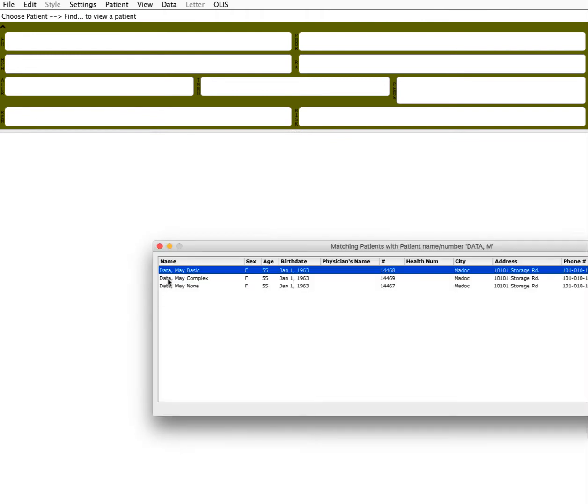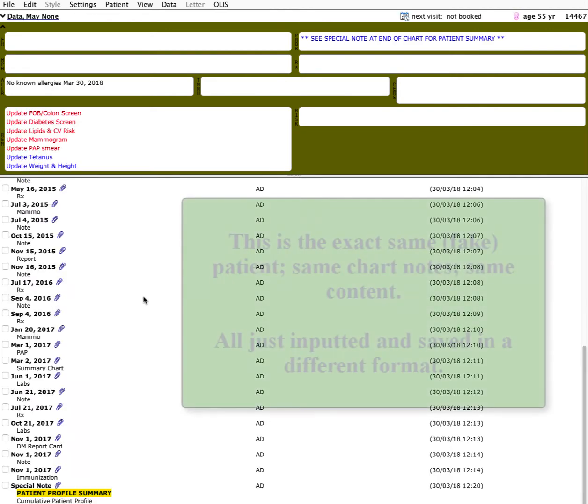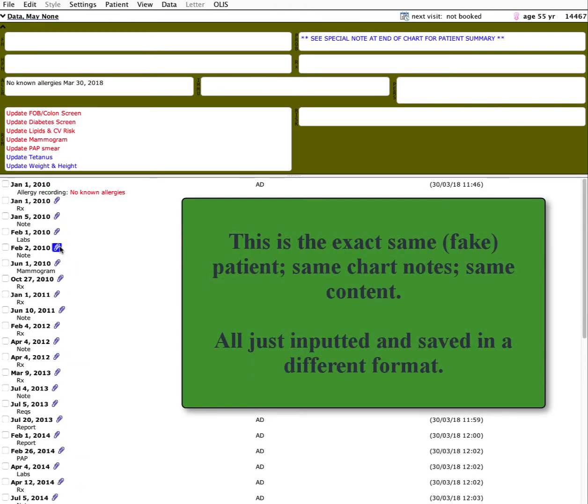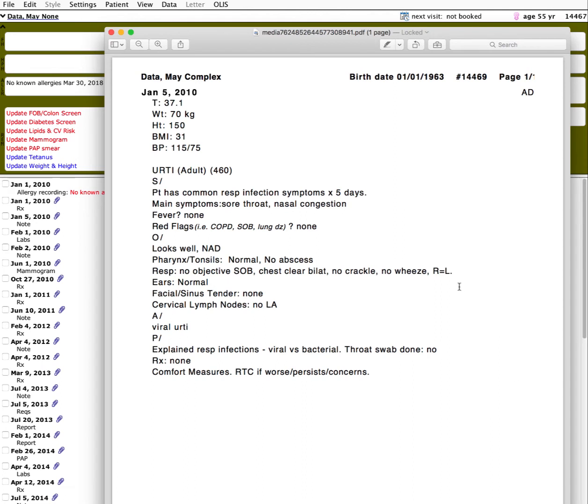again, I've made three different versions of this same chart. So for the exact same encounter, January 5th, 2010, here the image is stored as a scanned image, not text value.